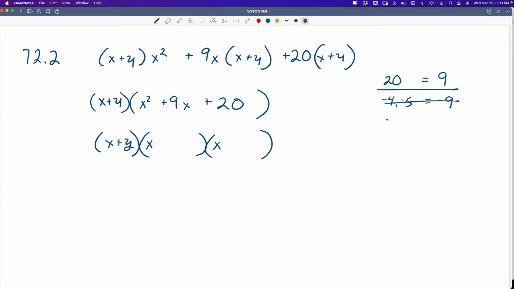That's not it. So we have positive 4, positive 5, that equals positive 9. So those are the ones we want. So that is the whole thing completely factored. Very good. We have one more like this, and then we'll move on to pyramids and cones.